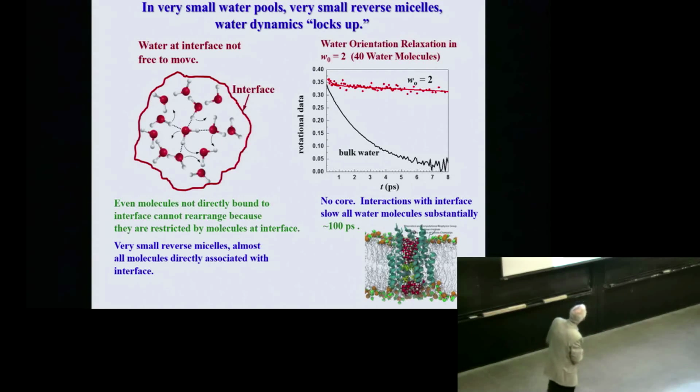Okay, so the net result is that when you get very, very small, things are very, very different from bulk water. And this is one of the big frontiers of trying to understand what we call nanoscopic water in nano confinement does, but in particular biological systems.